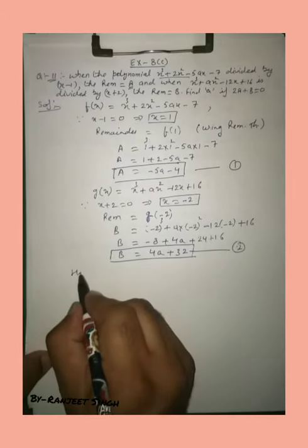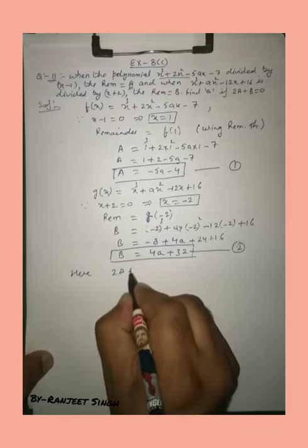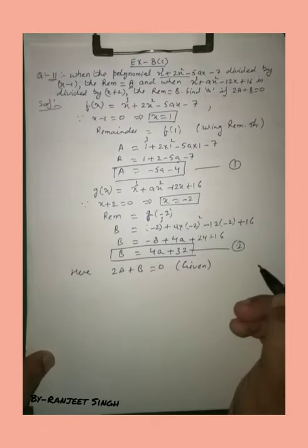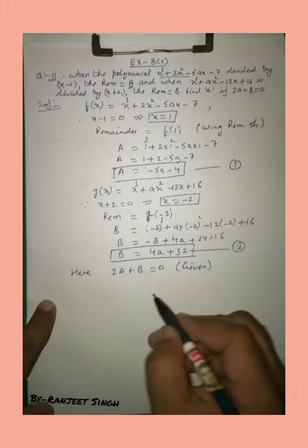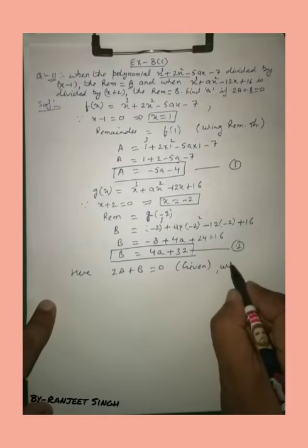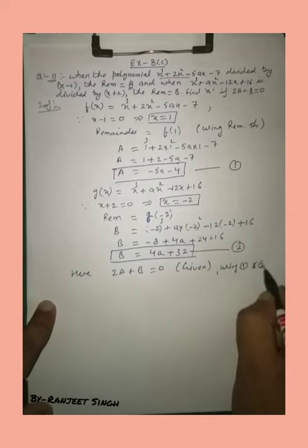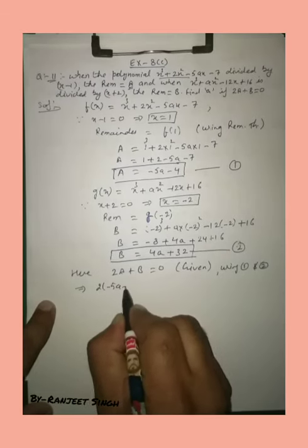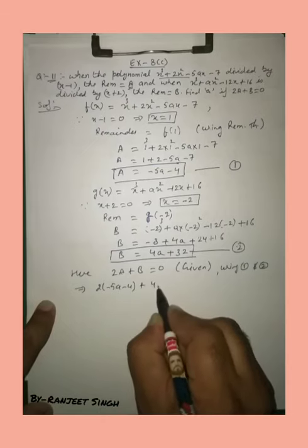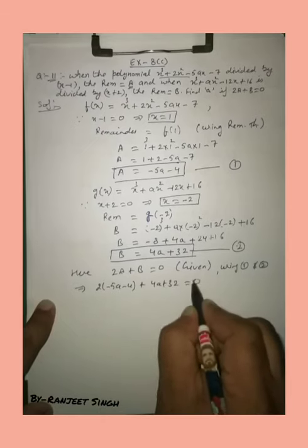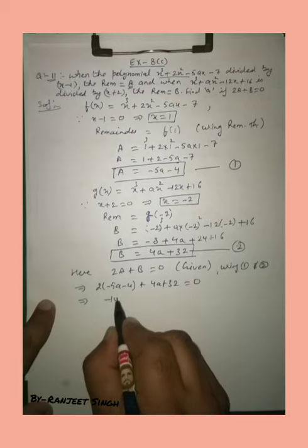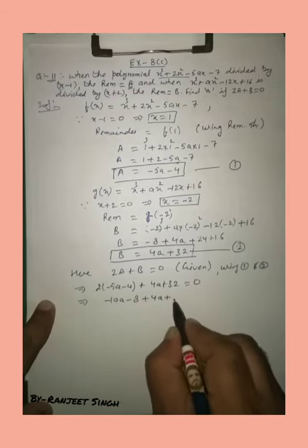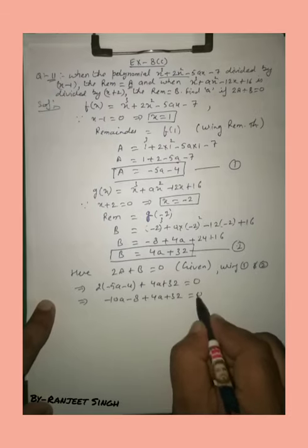Now here 2a plus b is equal to 0. This is given in the statement. So using equation 1 and 2, we get 2 multiply minus 5a minus 4 plus 4a plus 32, and this is equal to 0. So this implies minus 10a minus 8 plus 4a plus 32 equal to 0.